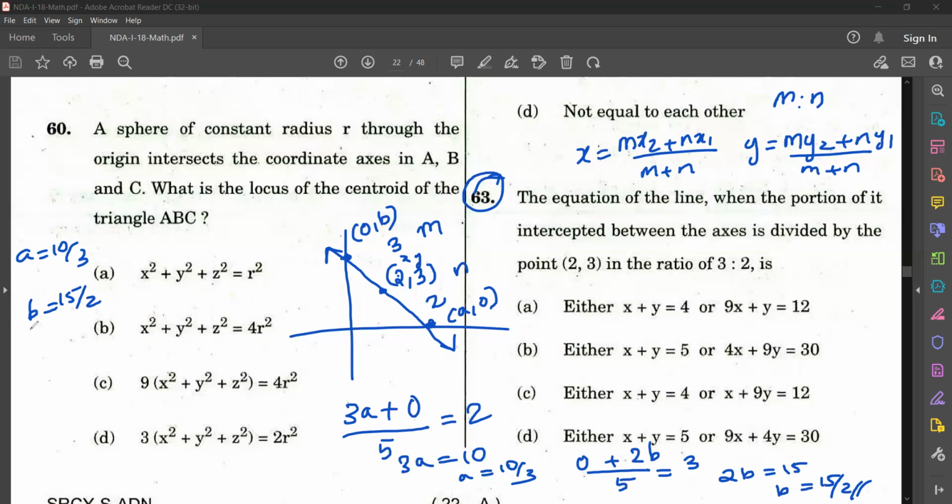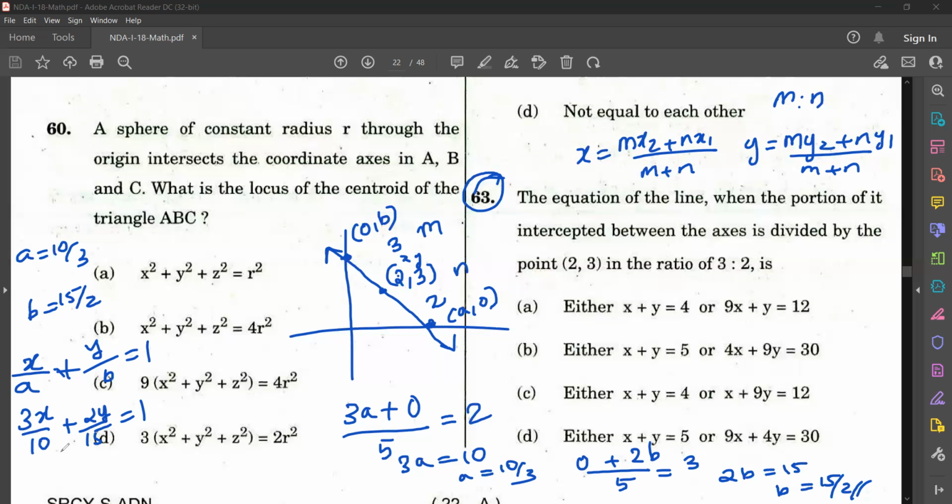So if you get the intercepts, you can write the equation of the line in intercept form, which is x by a plus y by b is equal to 1. So put here x by a, that is 3x by 10, plus, putting b as 15 by 2, 2y by 15 equal to 1.